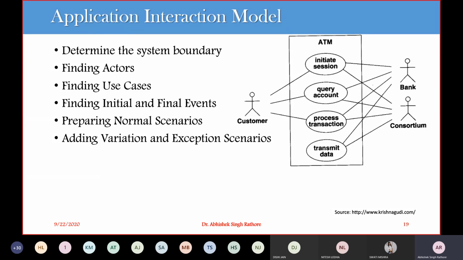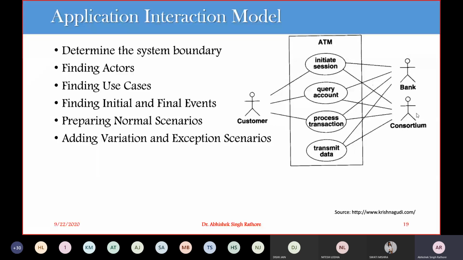Then your ATM ensures that the completed transactions are ultimately written to your bank database. So after making some transactions, all of these should be written to your bank database. This is your consortium. We can read all those topics.